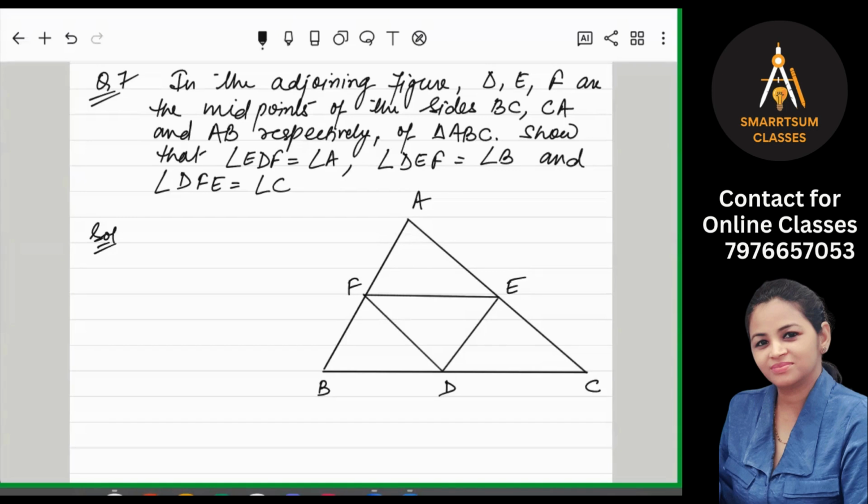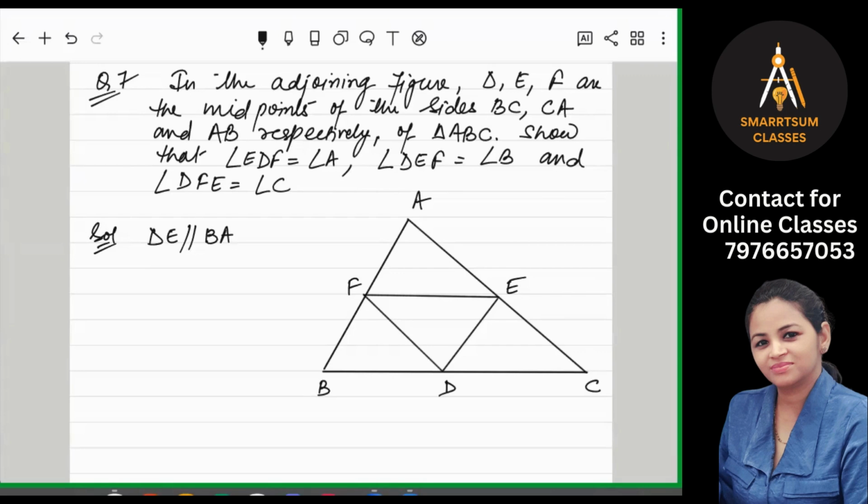Now, DE will be parallel to BA, yes or no? DE will be parallel to BA. Why? By the midpoint theorem. What does the midpoint theorem say? That if a line joins the midpoints of two sides of a triangle, that line will be parallel to the third side.